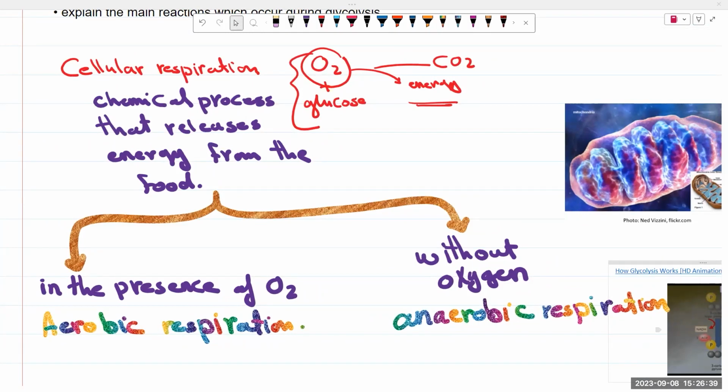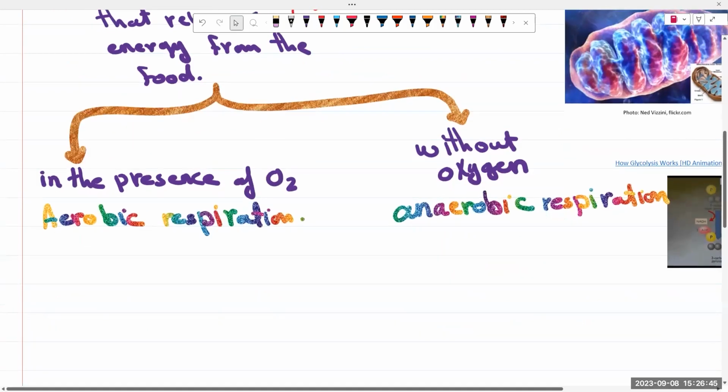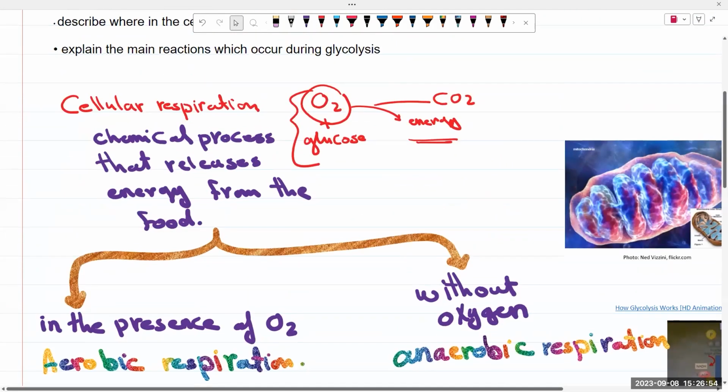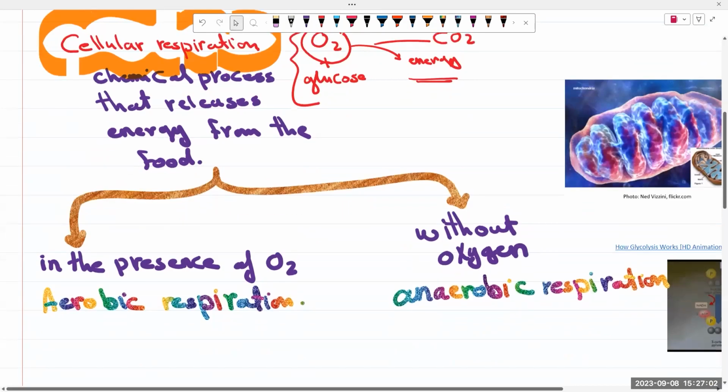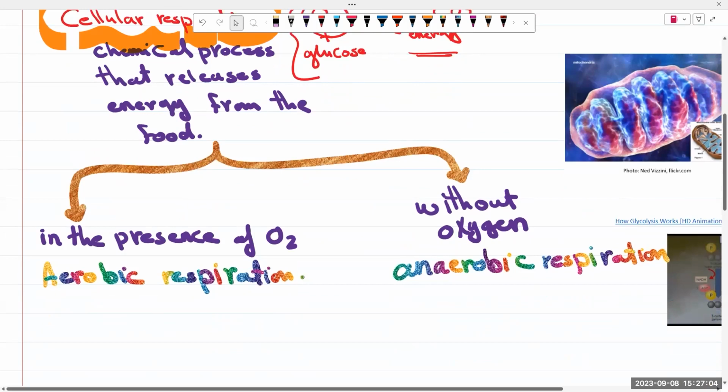Yes, Mariam, correct. But I would like to ask two other simple questions. Aerobic respiration takes place where, and anaerobic respiration takes place where? Still remember, I'm talking about cellular respiration, the release of energy inside living cells. So aerobic respiration takes place where?